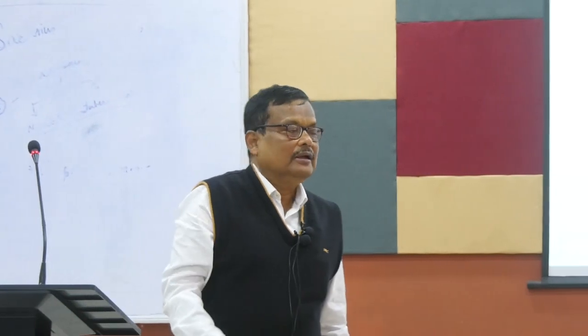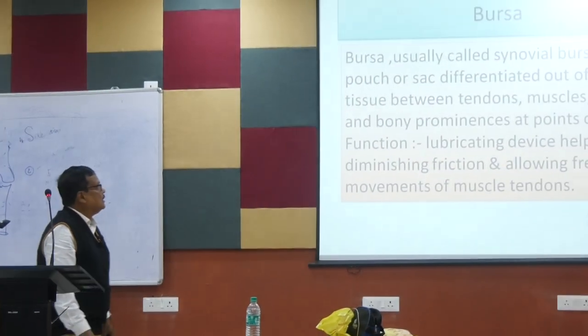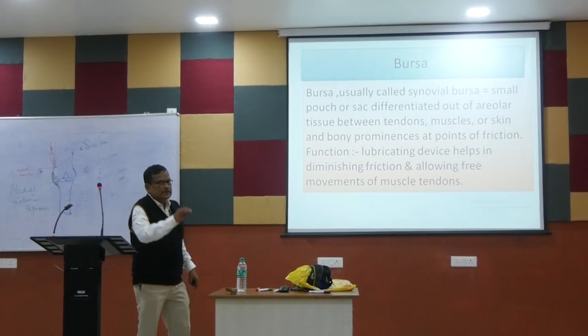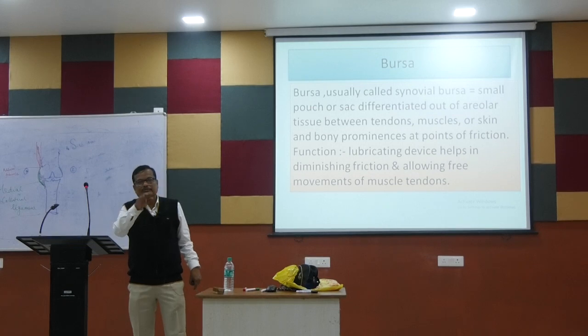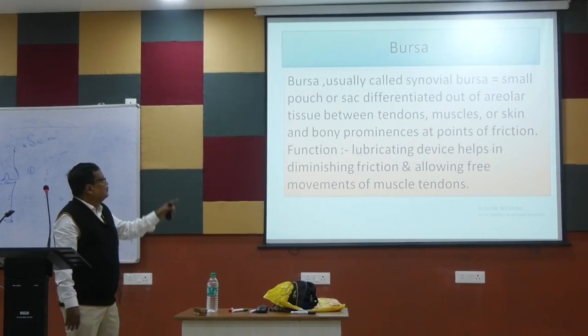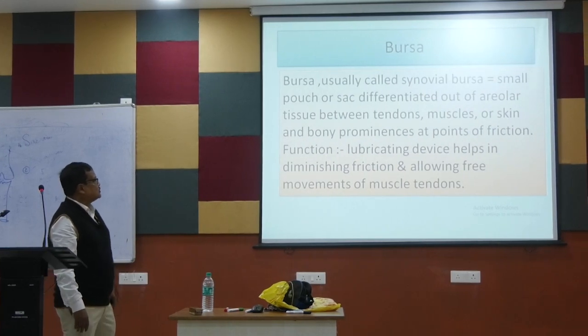Plural is bursae, B-U-R-S-A-E. So bursa is usually called synovial bursa, small pouch or sac differentiated out of articular tissues. It is actually made up of collagen fibers or a connective tissue sac, between tendons, muscles or skin and bony prominences at points of friction.